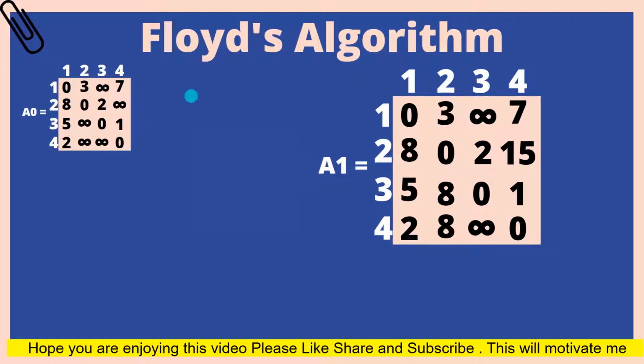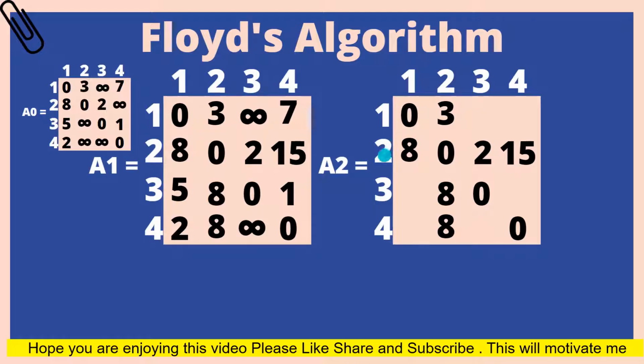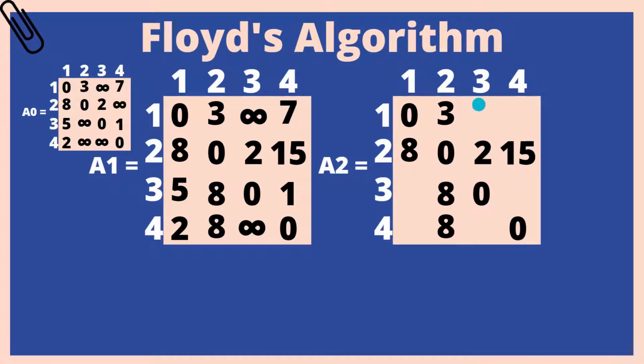So for A1 we were taking the help of the A0 matrix, but for A2 we are going to take the help of the A1 matrix. So similarly in A2 also we are going to keep the second row and second column constant and the diagonal as 0. So we are going to fill this, that is 1,3. So direct is infinite.